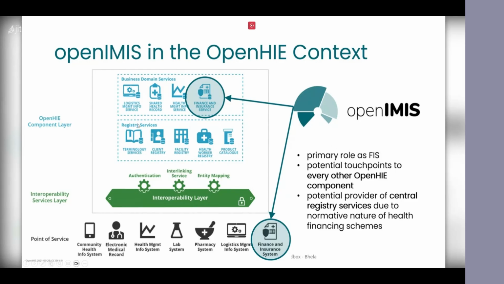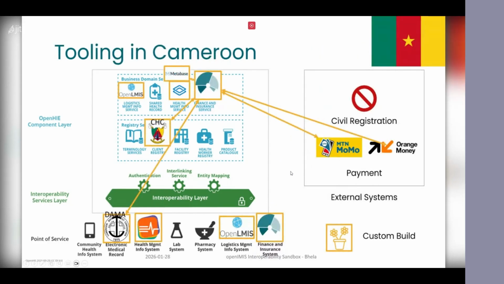For example, if you look at this typical health infrastructure that you might find in countries, openIMIS could play a role as the financial and insurance management system, and could also play the role of a gateway for hospitals and beneficiaries to manage their health insurance and to check eligibility. What we want to explore is basically the interoperability that openIMIS has with other systems in place.